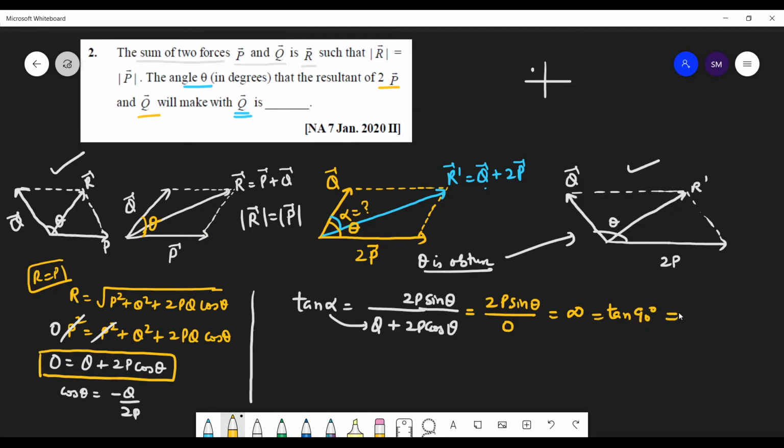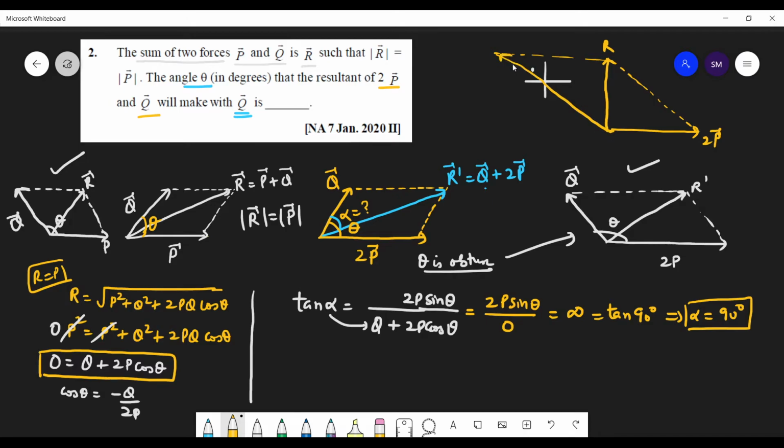So it means alpha is equal to 90 degrees. So still this is not the correct figure. The correct figure is, this is your 2P, right? This is your resultant, and so this is one side of the figure. This is 2P, another side, and then something like that.